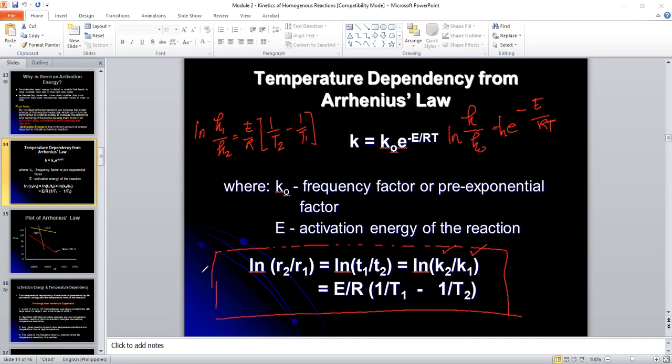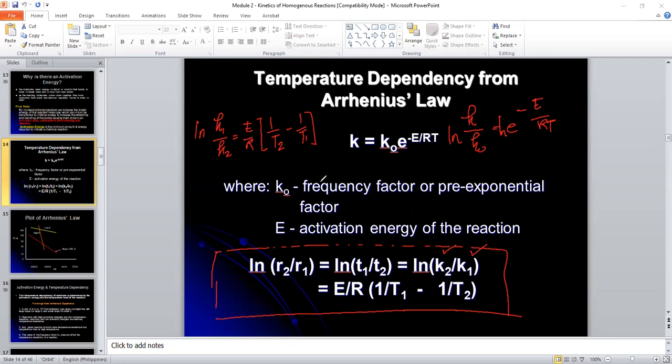This set of equations will prove very useful if you're given a set of data that relates time with temperature, the amount of time a reaction will reach a certain degree of completion at a particular temperature, and another time for another temperature. So it could be this and this. Or it could be rate constant in terms of temperature or rate in terms of temperature.